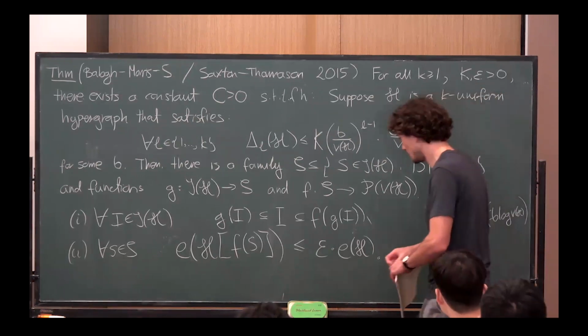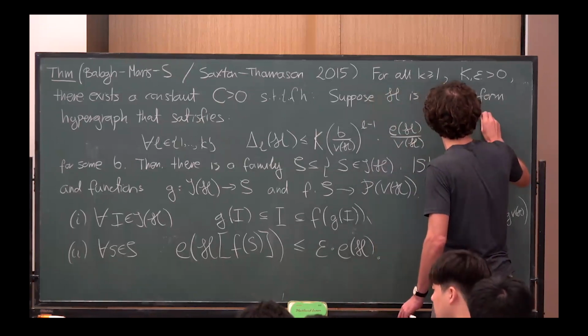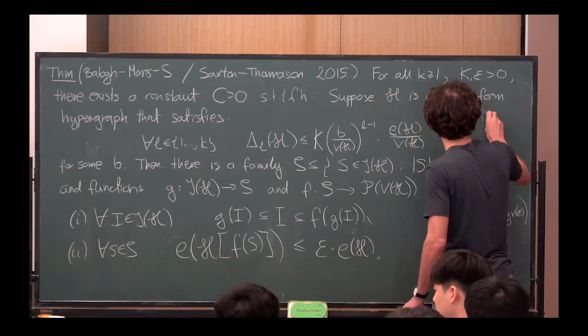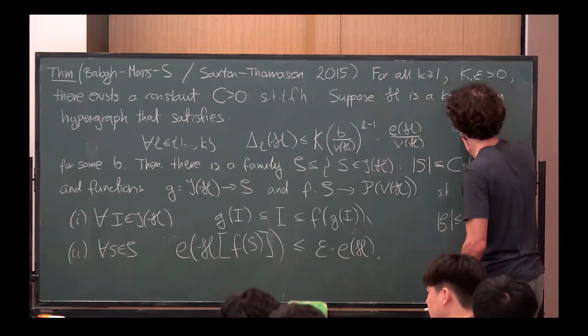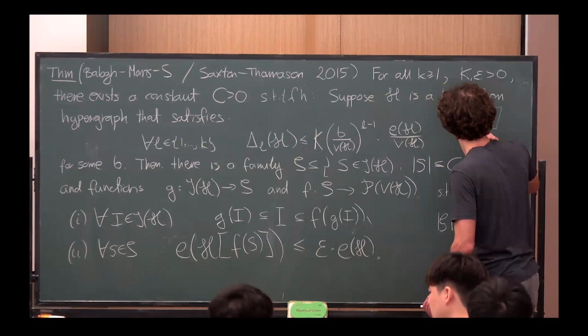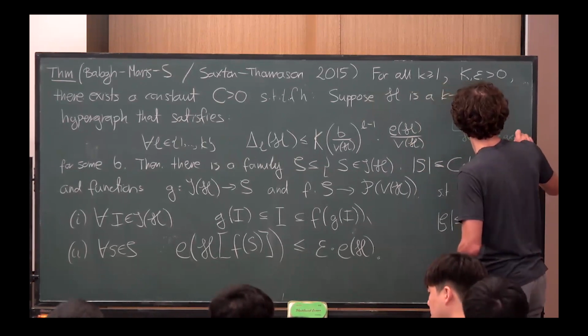For triangle-free graphs, this B was n^(2/3), so H corresponds to triangle-free graphs.